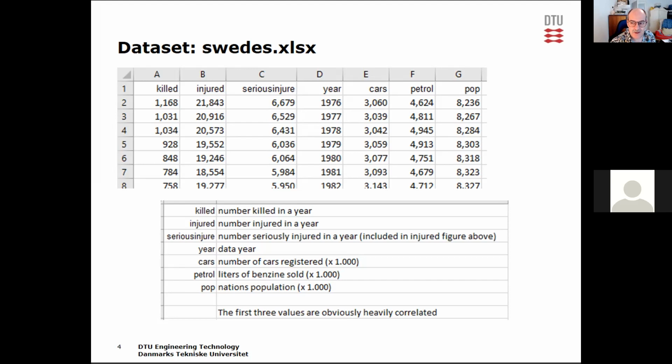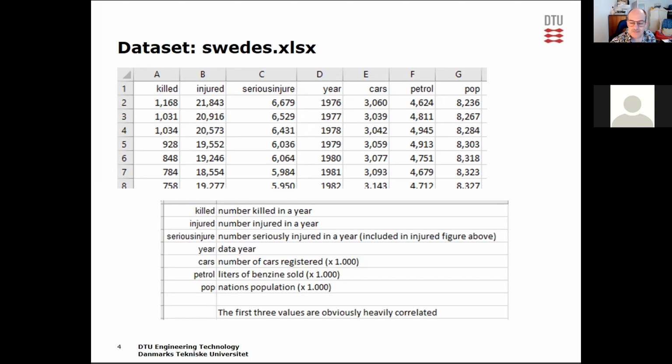Why is benzene on the data set here? How do you understand the column petrol? Is it how much there is inside the car? Or what do you mean by this?